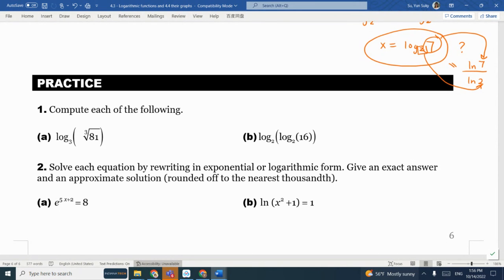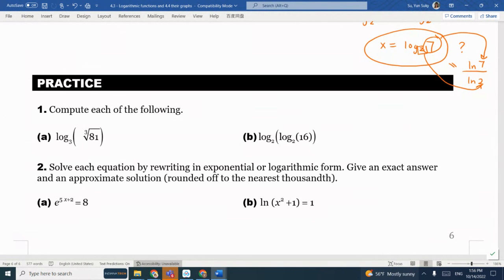This is a log term. You want to write down the exponential term. So this is the base: you put the base to the power of x equals this number. So 3 to the x equals 7.